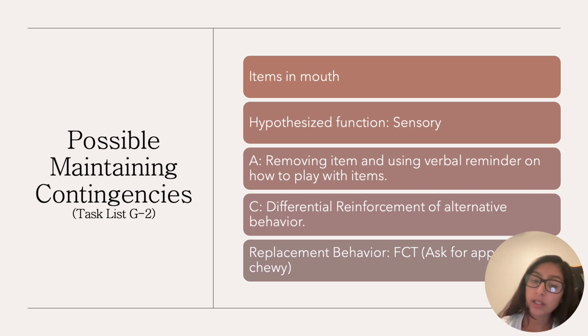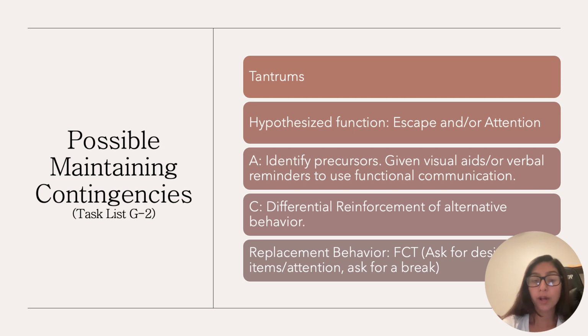And then the consequence is differential reinforcement of alternative behavior, like, oh, good job playing with this, and keeping that momentum going. A replacement behavior is functional communication, asking for an appropriate chewy or item to be able to place in their mouth.